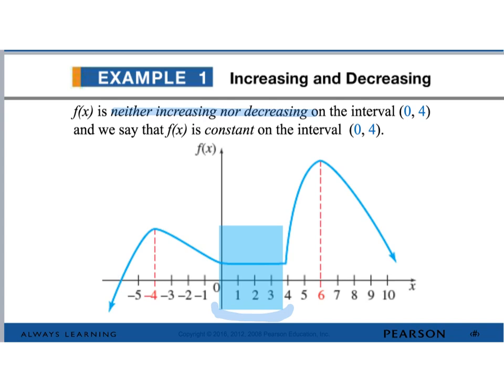We will say that f of x is constant on the interval from 0 to 4. And then lastly, we notice that on the interval from 0 to 4, the function isn't increasing or decreasing, and we say that it is constant on that interval, which means it's not increasing, it's not decreasing.